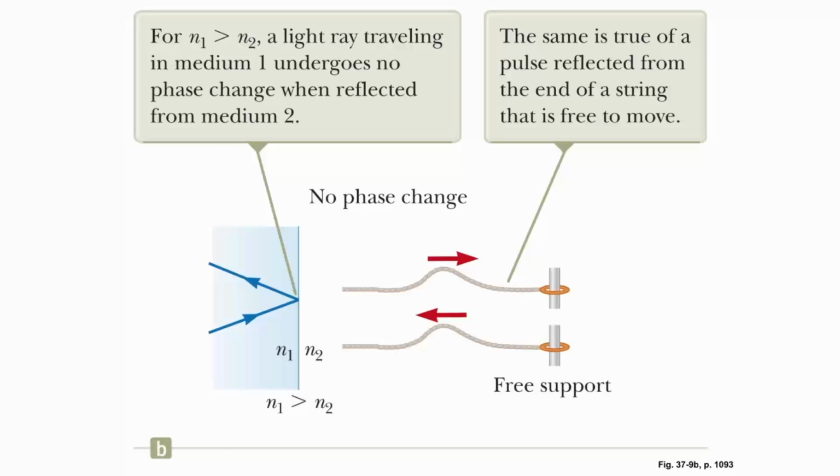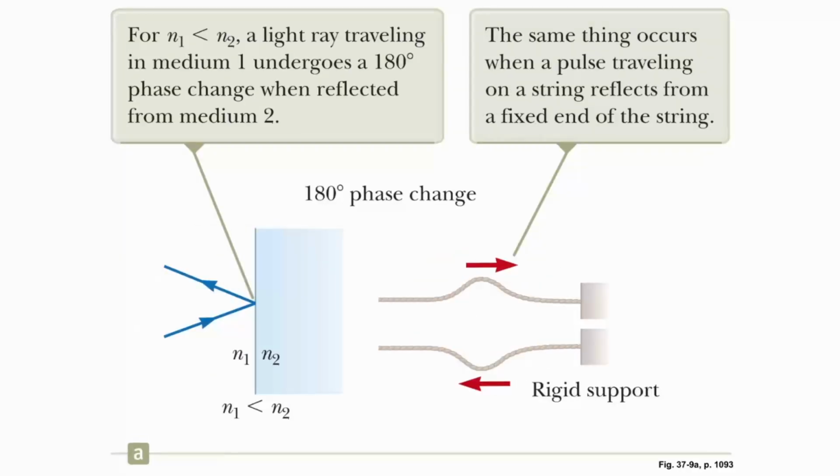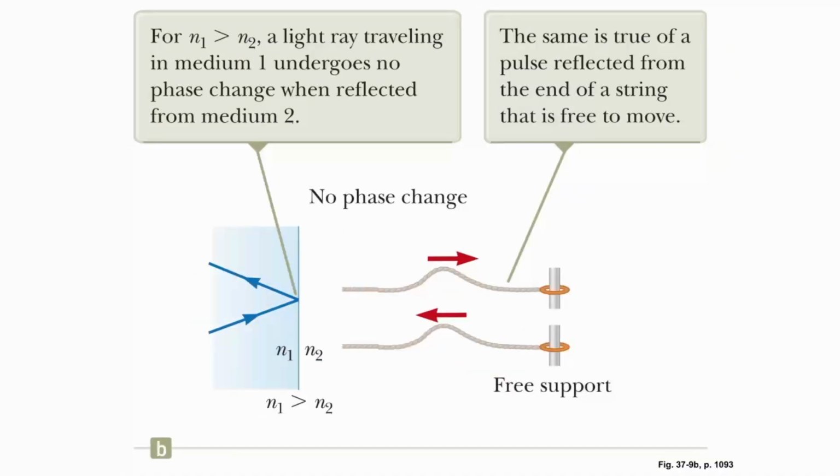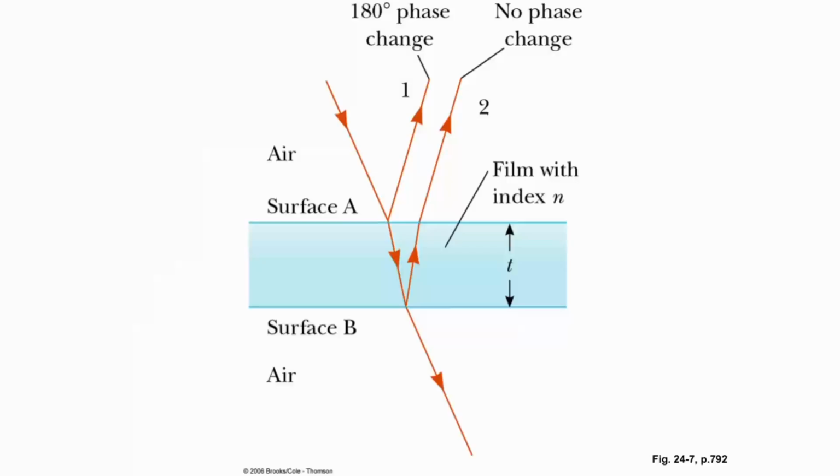Notice, optically, what needs to happen. What's the transition? High to low. So low to high, it flips 180 degrees. High to low, no flip. Stays the same. Again, we'll write all this down.